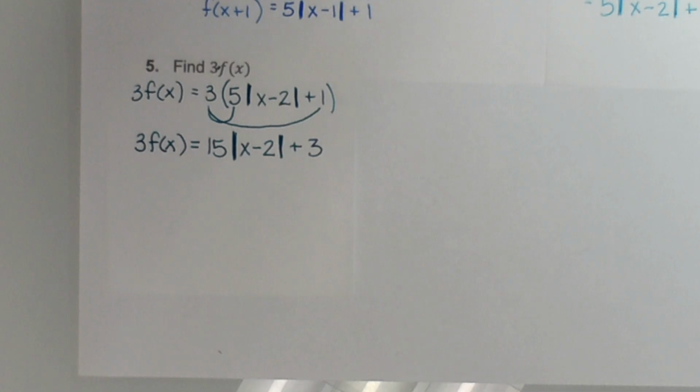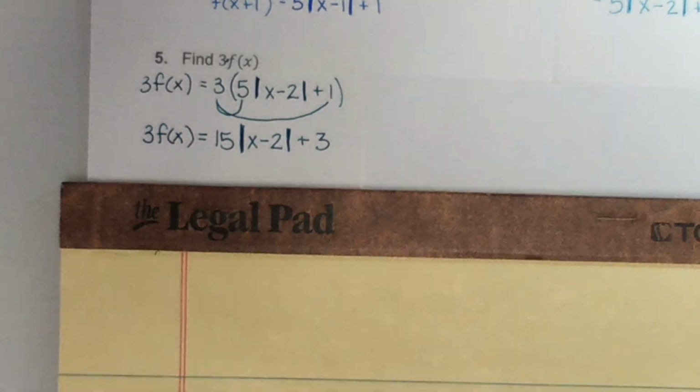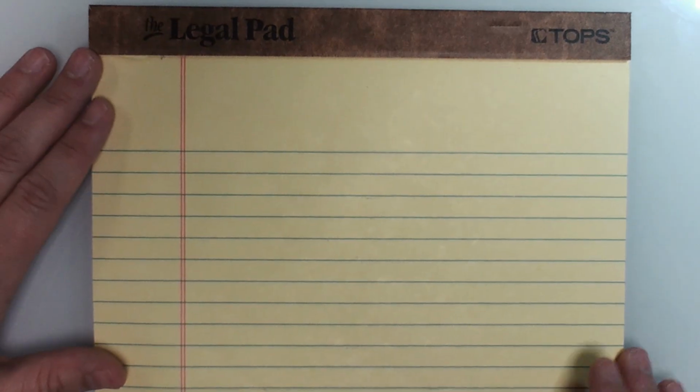I dabbled into 1.2 when we went through the 1.1 notes. So a lot of what we do today is going to look familiar. It's just going to be a little more formalized. So that warm-up is a part of your notes. I don't want it turned in. It is just meant to get us ready for our notes today.